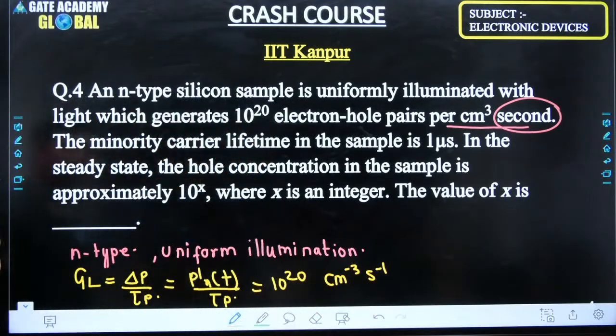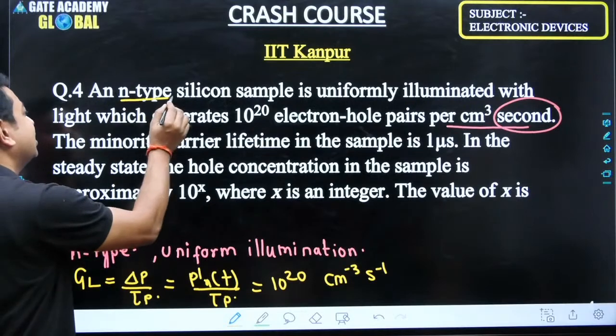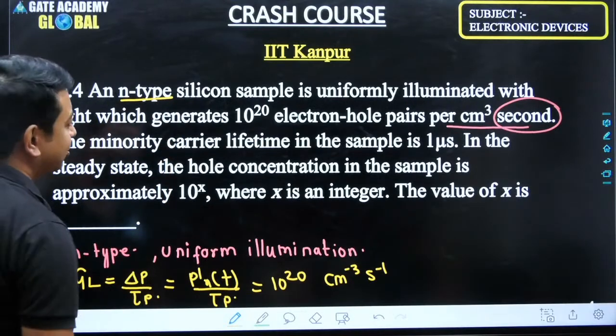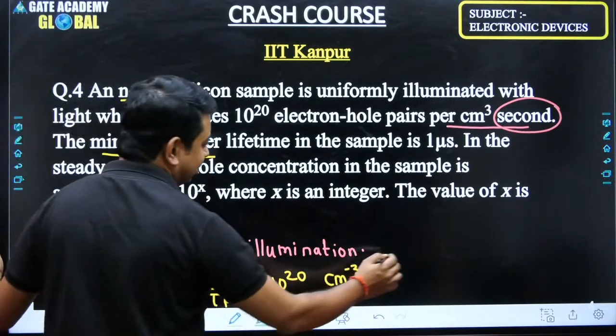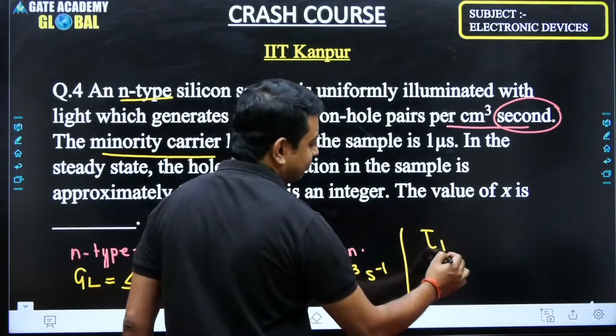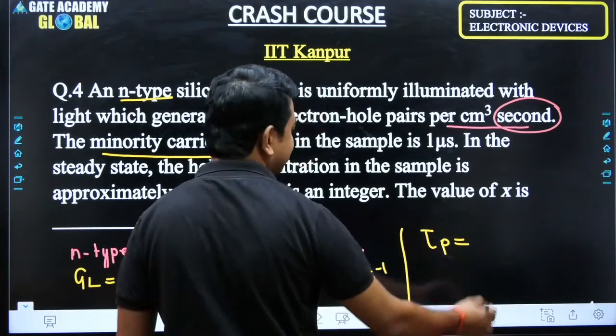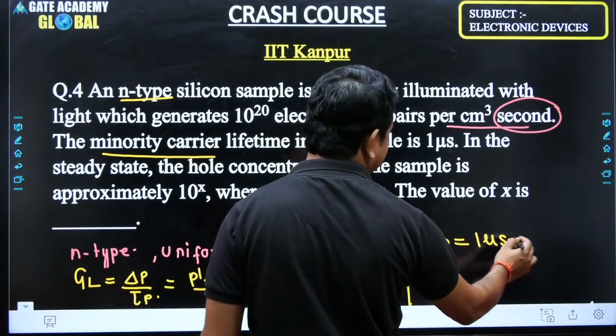Okay. The minority carrier lifetime in the sample is 1 microsecond. So the minority carriers, if it is an n-type semiconductor, what is the minority carrier present? That is nothing but the holes, p, and we come to know that here we are having tau p is equal to how much? This is 1 microsecond, it is given.